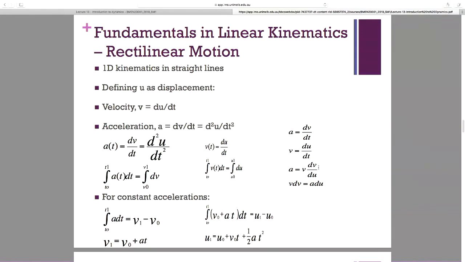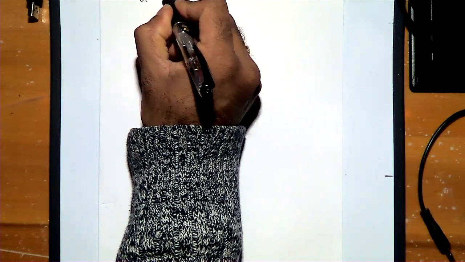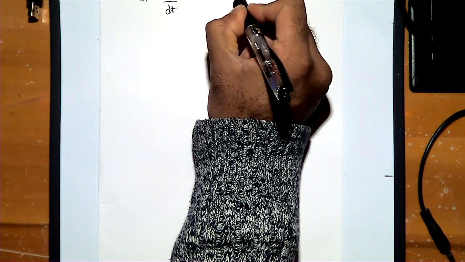Okay, and I'll just very quickly show you how we arrive at that equation, for your understanding. We've got A equals dv dt and v equals du dt.